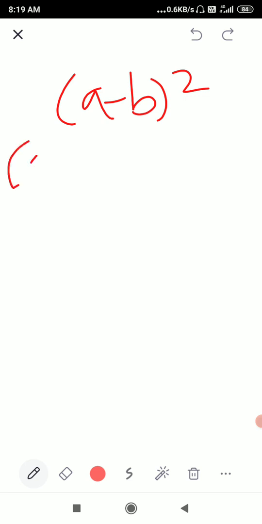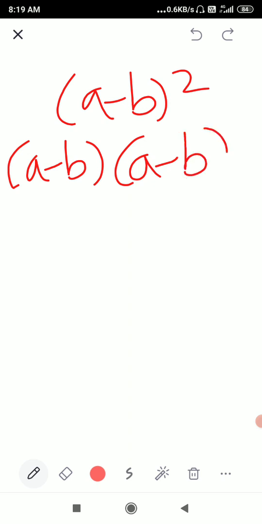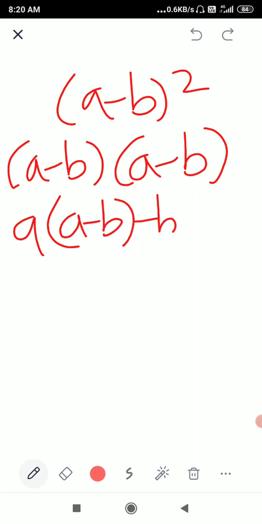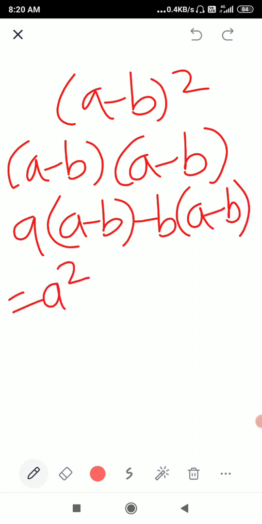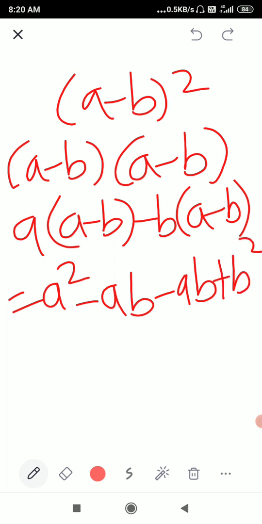a minus b, because it is of square. Now same, this a with that full bracket, a minus b. Now a into a is a square, minus ab. Now this minus ab, and minus and minus will come plus b square.